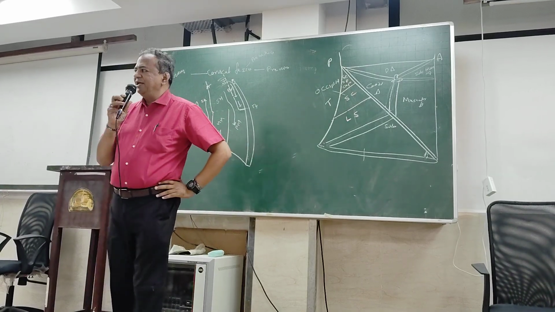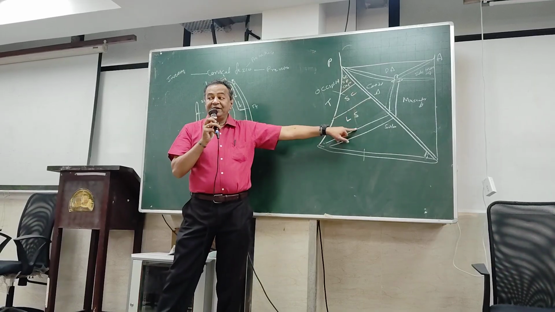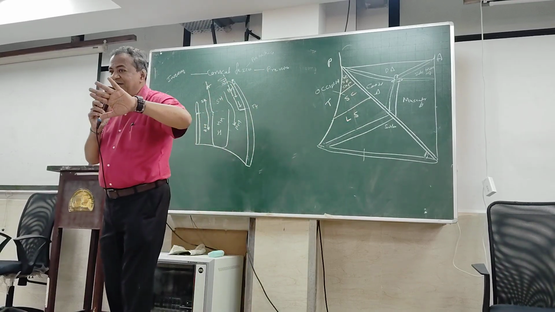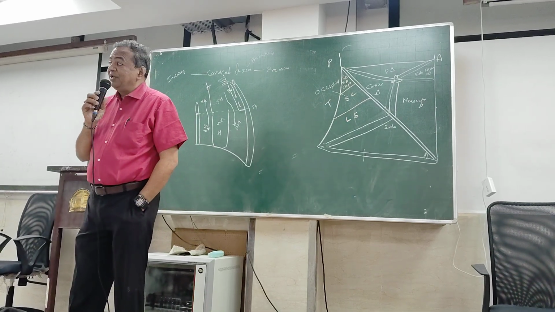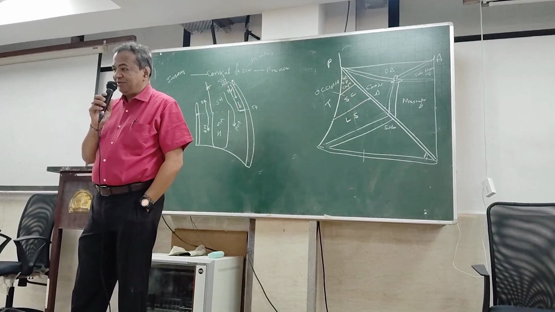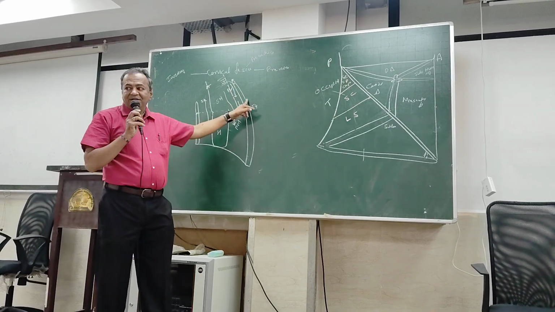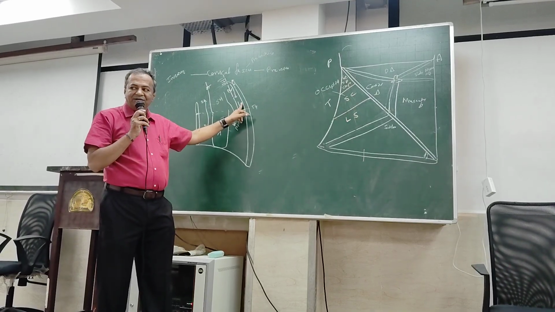Semispinalis capitis, splenius capitis, levator scapulae, all covered by which layer of deep cervical fascia? Prevertebral fascia. Prevertebral, because it covers the vertebral column and the muscles anterior to it.